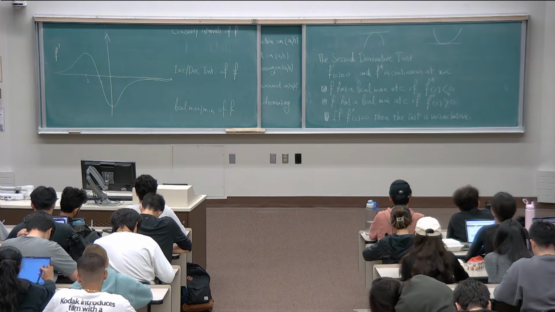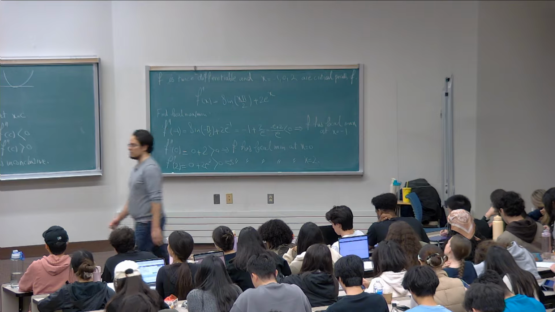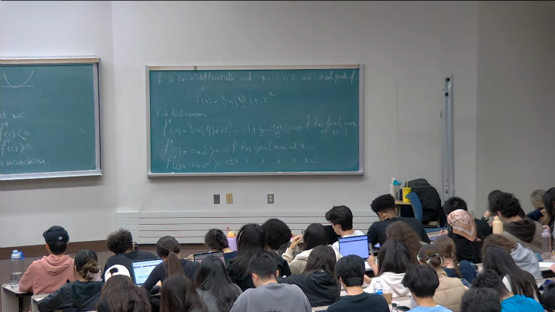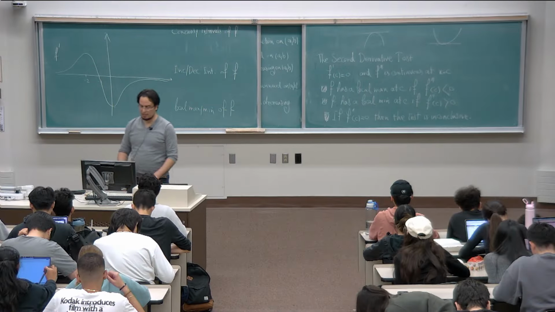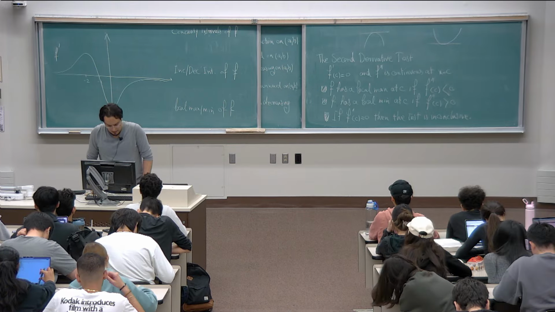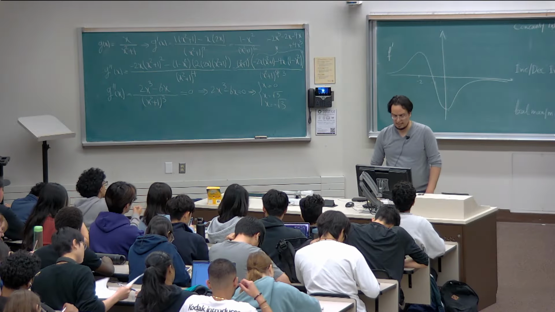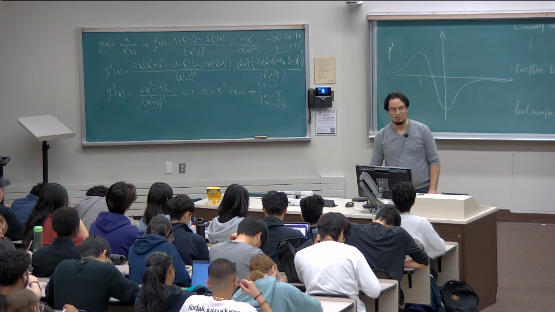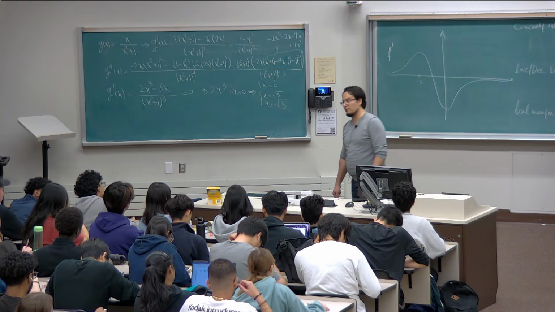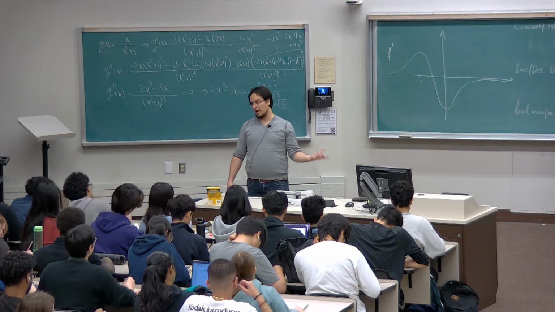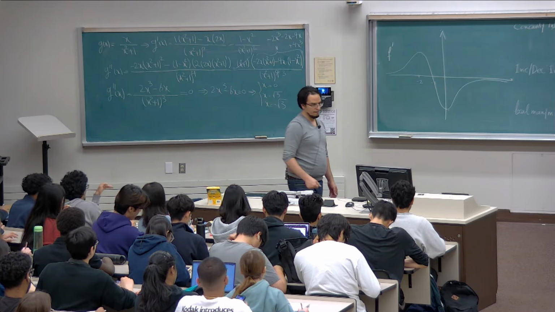Write it down, maybe 20 seconds. Think about the first one. What are the concave up, concave down intervals for the function f if this is the graph of f prime?